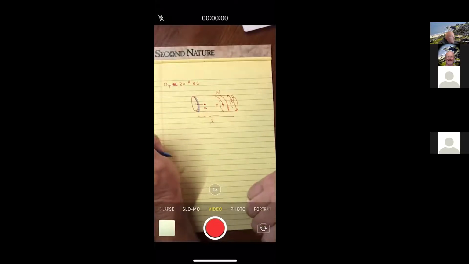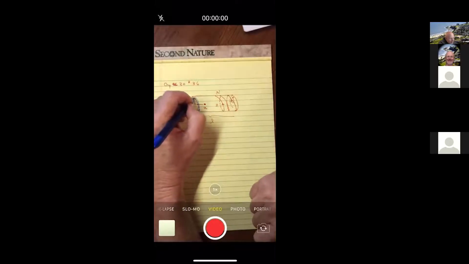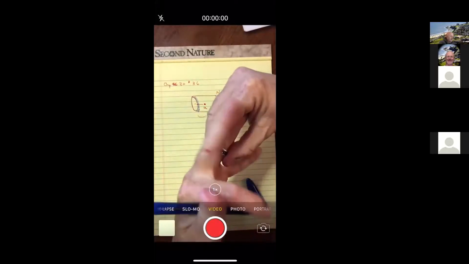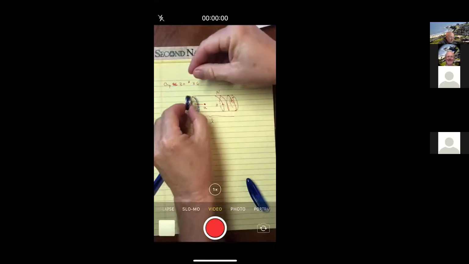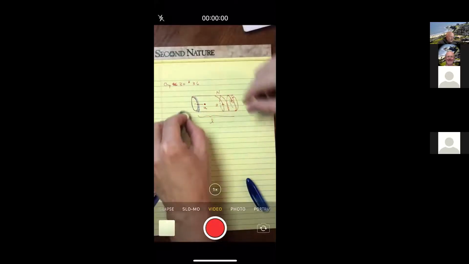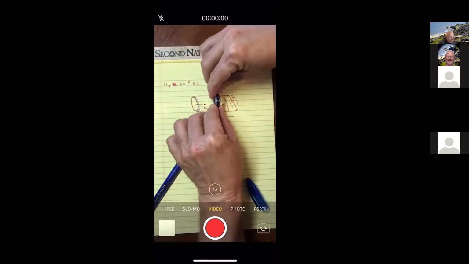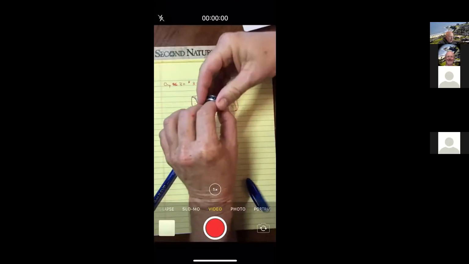Maybe quarters is a bad analogy, because the current is just on the rim. So this would be something like a ring here. I'll use my wedding ring. So here's the ring, and that ring is stacked, and there'd be another one and another one and another one and another one here.